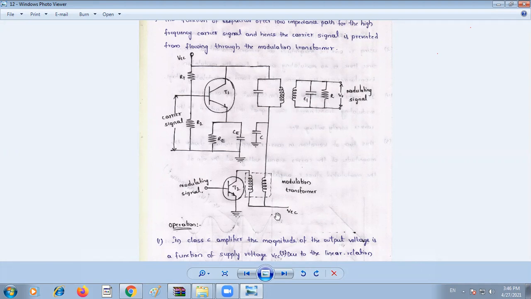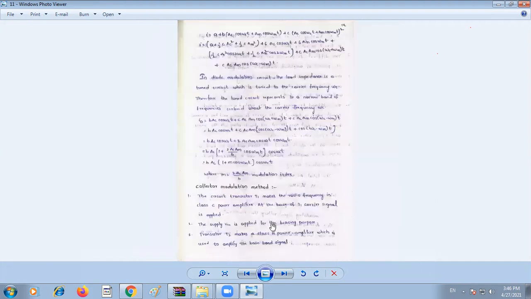One more transformer is used, which is the modulation transformer, with a primary and a secondary. The modulating signal is given through the modulation transformer to transistor T2, and the carrier signal is given to transistor T1. Before going into the operation, let us see the points regarding the collector modulated method.